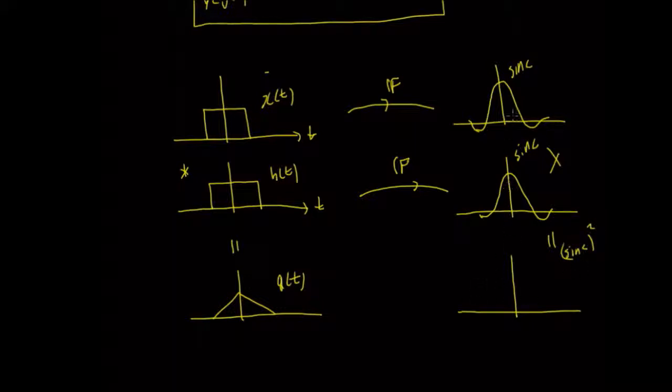The sinc squared is just where all the terms are squared, so the stuff below the axis will be above the axis, and everything's going to be squared as well. So you get something that will then run like that. It's always going to be above; there's nothing below the axis.